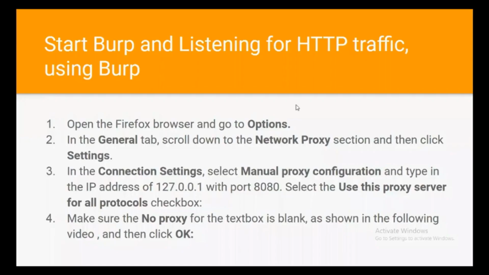Now open the Firefox browser, go to Options in the General tab, scroll down to the Network Proxy section and then click Settings. In the connection settings, select Manual proxy configuration and type in the IP address 127.0.0.1 with the port 8080 and use this proxy server for all protocols, and make sure the No proxy for text box is blank, as I am showing in the video.